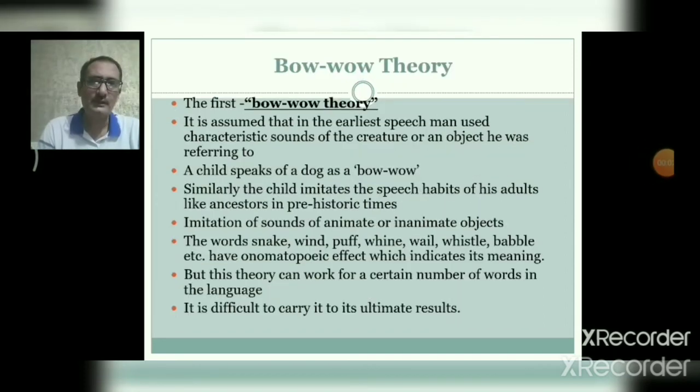The first theory among these 4 theories is Bow Wow theory. It is assumed that in the earliest speech, man used characteristic sounds of the creature or an object he was referring to. During those ancient times, there was no established vocabulary for the animals or objects which used to move around the people in the jungles.